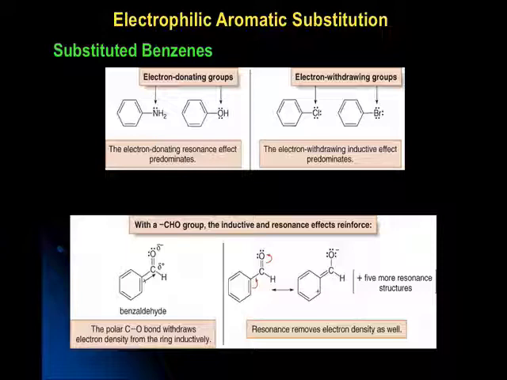So they will actually deactivate the ring slightly, okay? So nitrogen and oxygen will activate the ring, whereas chlorine and bromine will slightly deactivate the ring. And it has to do with where these things sit on the periodic table. Chlorine and bromine actually are in different periods, whereas oxygen and nitrogen are in the same period as carbon. And so it's all about the periodic table why we see this effect, even though there's lone pairs of electrons.